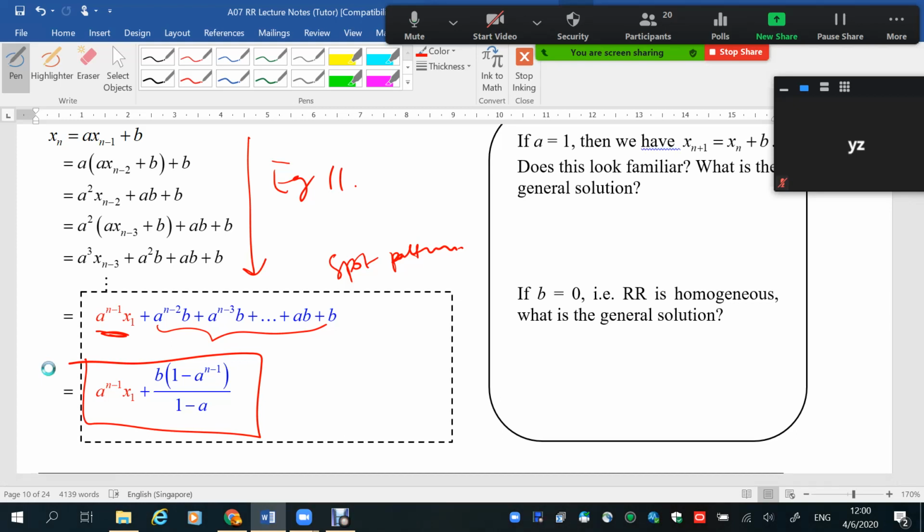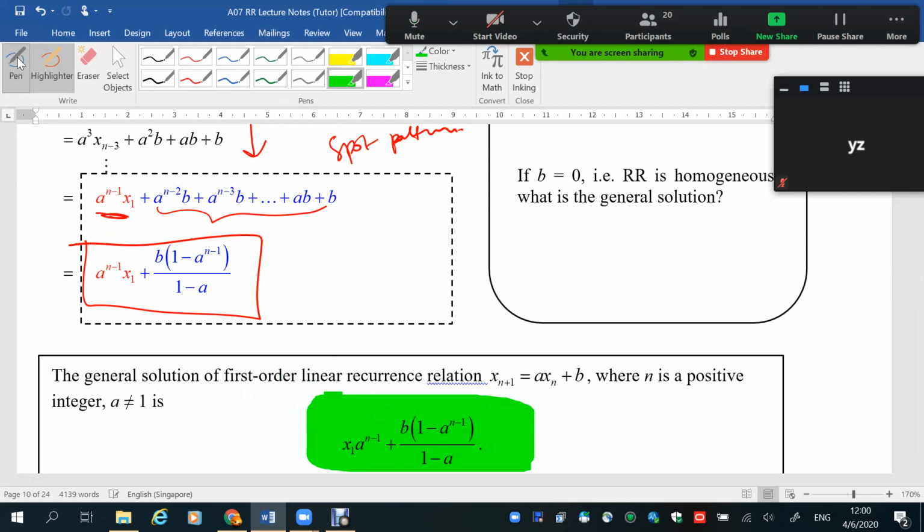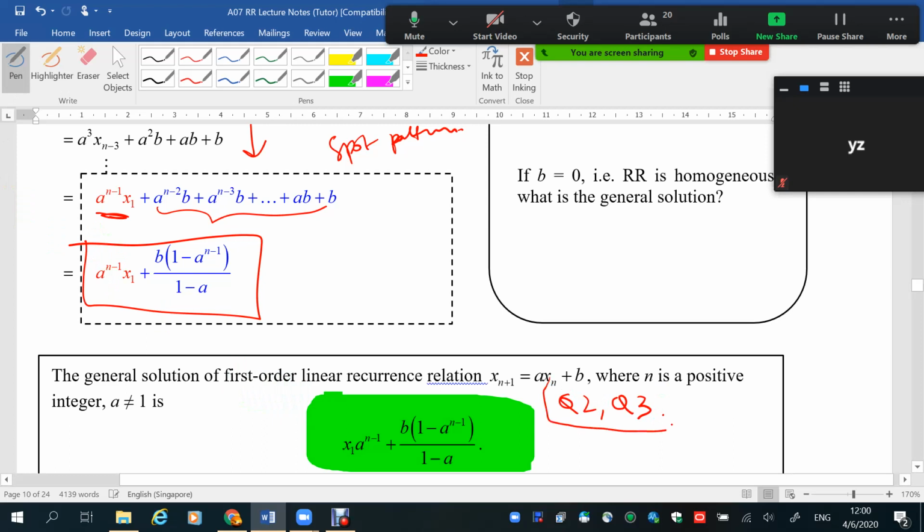So what you have here is something for you to memorize. The bad news now is you may need to memorize this general solution. But half the time nobody can memorize this. If you look at question 2 and question 3 of your tutorial, you can just write down the answers for the general form if you can remember this formula.